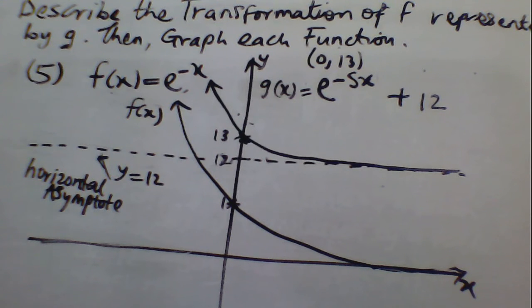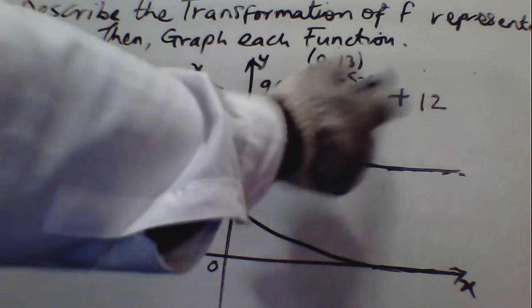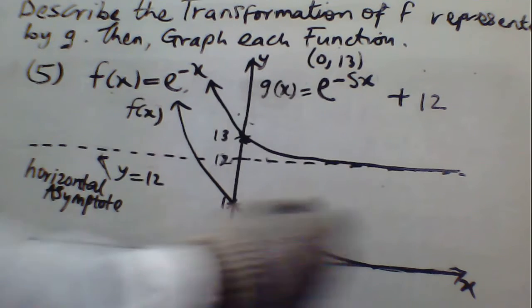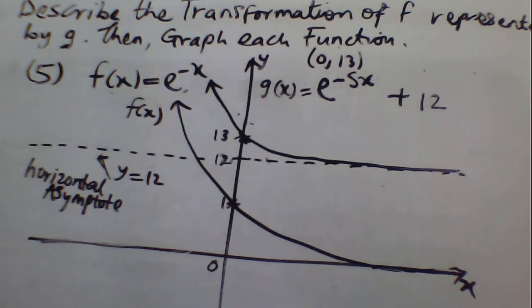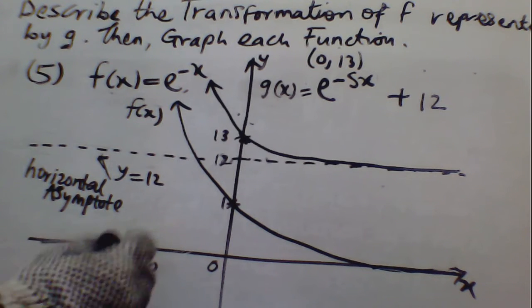The asymptote for the parent function, as we have seen here. Y is equal to 0 for the horizontal asymptote. But at this point, for this type of function here, y is equal to 12 for the horizontal asymptote.